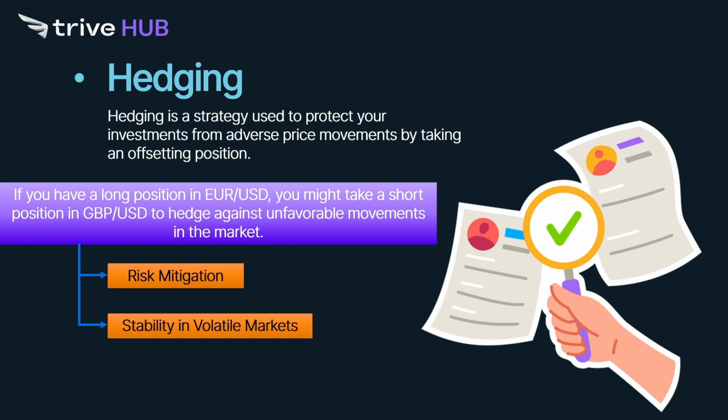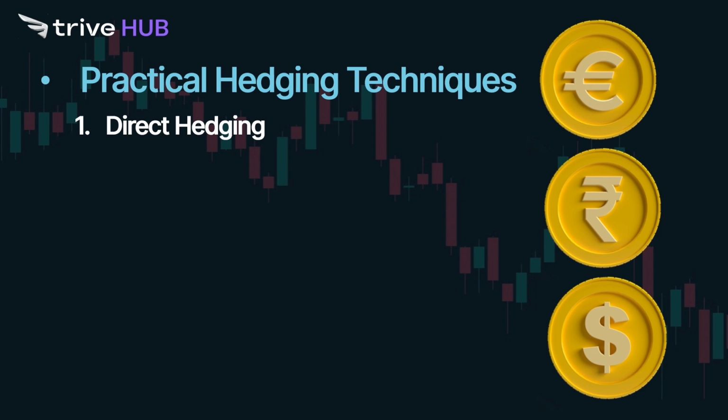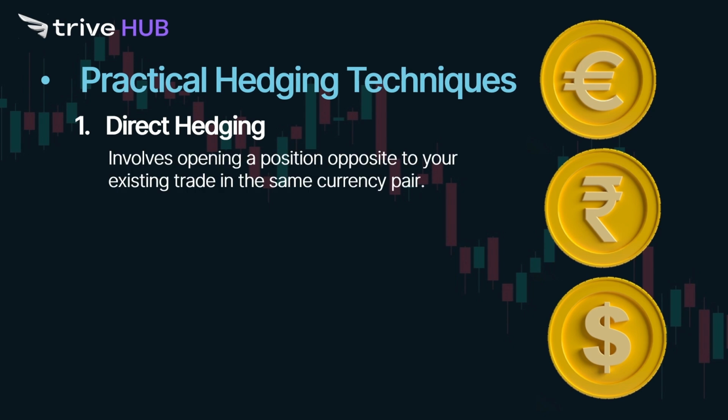There are some kinds of hedging that you can use. There is direct hedging. Direct hedging involves opening a position opposite to your existing trade in the same currency pair. If I am long in USD/INR, then in another account I might short USD/INR to hedge for the particular period.